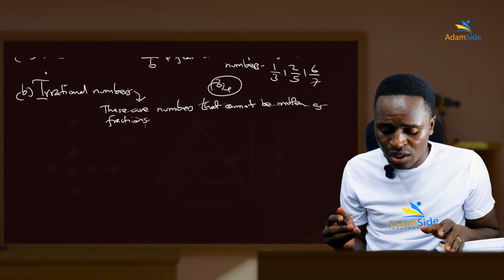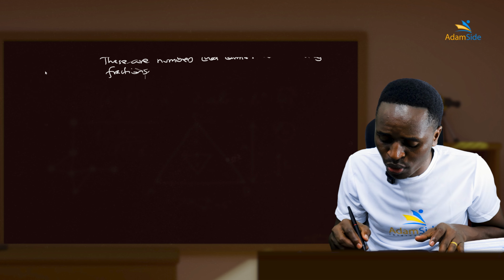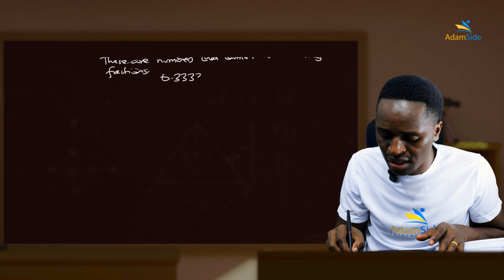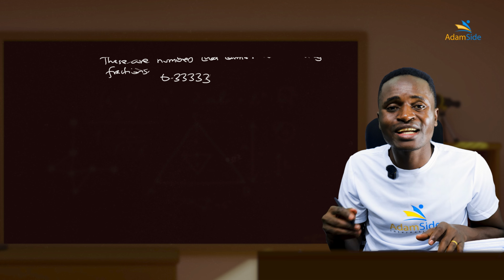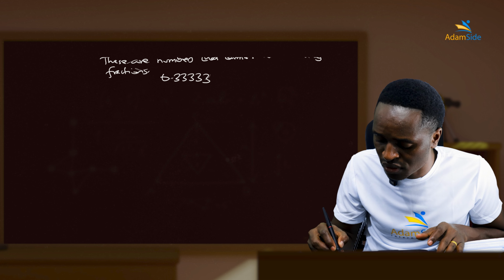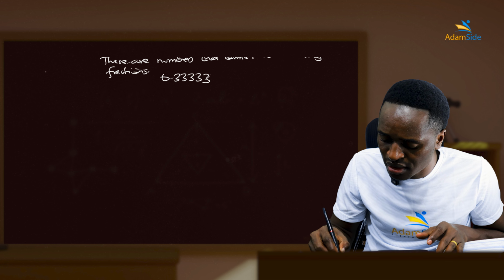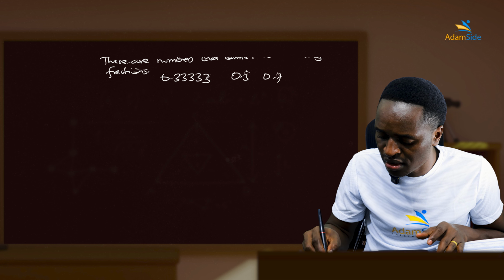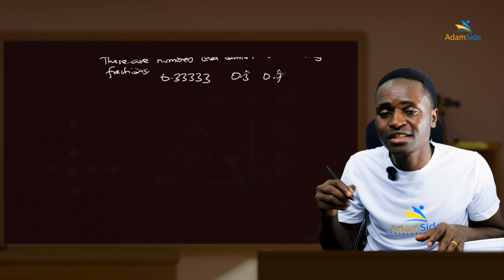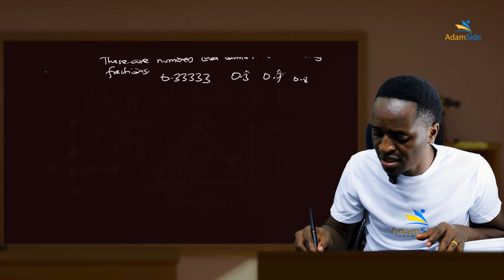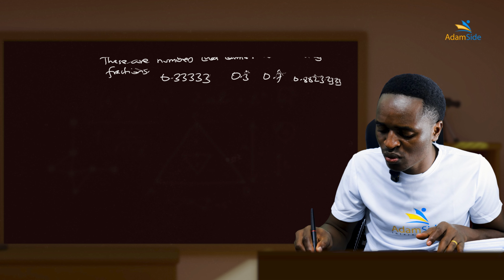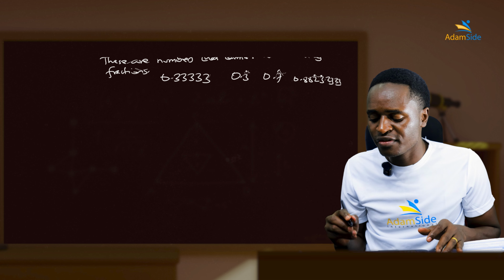For example, let's say you have a number 0.33333. You can see they are recurring decimals, like 0.3 with a dot on top, or 0.7 recurring, meaning 0.777, or 0.88232323, where the 2 and 3 repeat in every pattern.